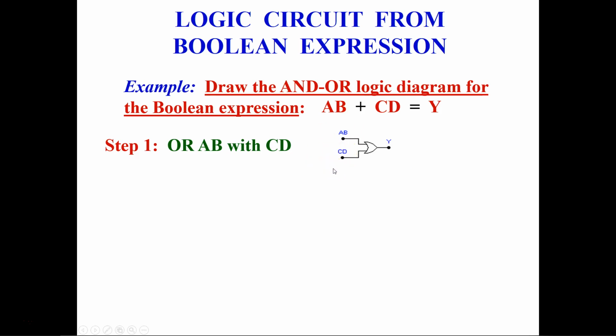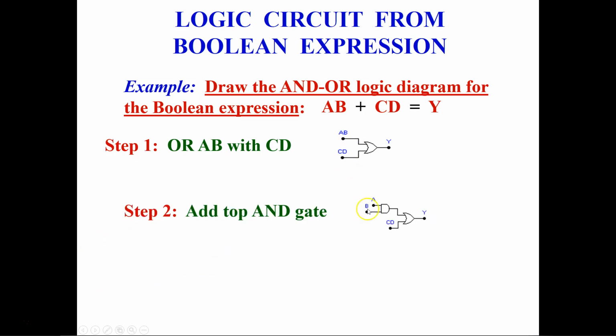Again, if you go back to the basic logic gates, there is a gate called the AND gate, and in the AND gate, if you send two inputs, then at the output it will multiply those inputs. So what we can do is put an AND gate here, and that AND gate will have two inputs, A and B, and the output is going to be AB, the multiplication of those two inputs.